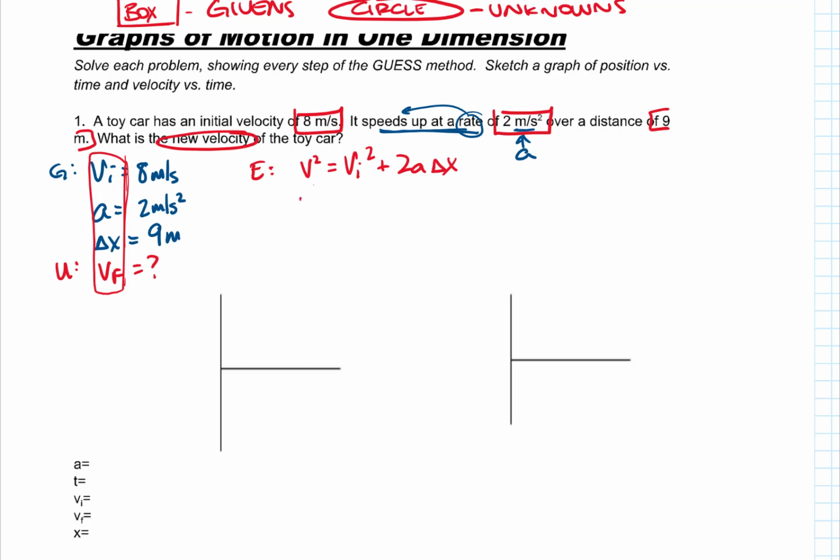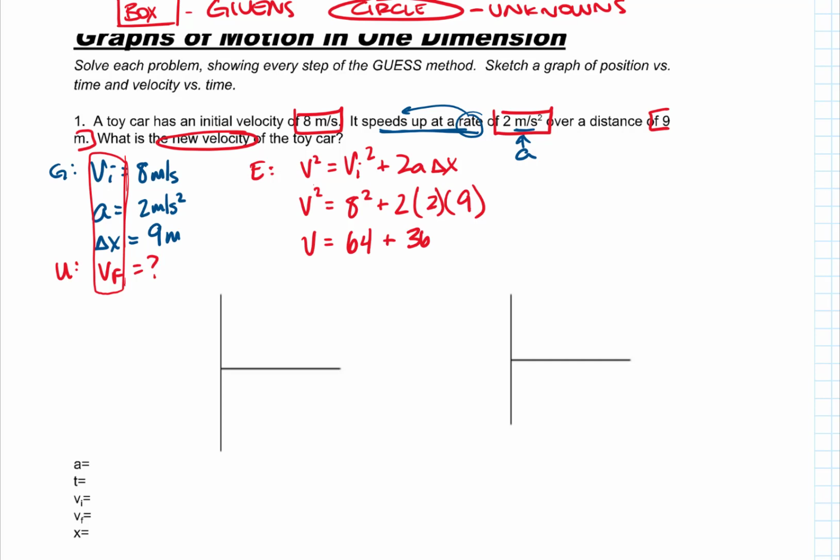So we're going to plug our numbers in. Final velocity squared is equal to 8 squared plus 2 times the acceleration of 2 times the delta x of 9 meters. If we calculate everything out, that gives me 64 plus 2 times 9, which in your calculator is 36.